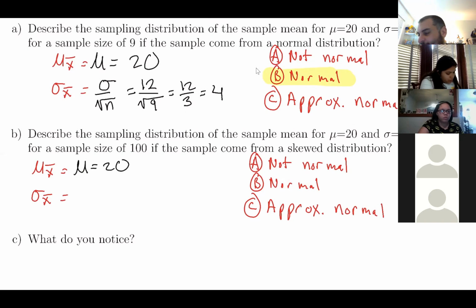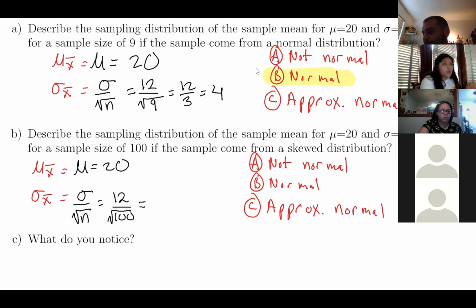The standard deviation of the sampling distribution is standard deviation divided by square root of n. So standard deviation is 12, but how big of a sample size do we have now? 100. So if I do 12 divided by square root of 100, what do we get? 1.2. Yeah, 1.2, perfect.